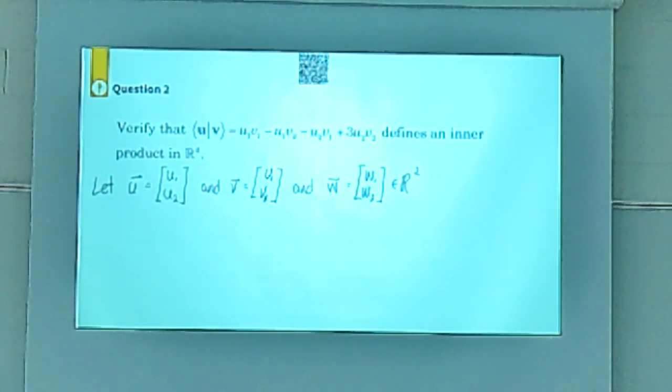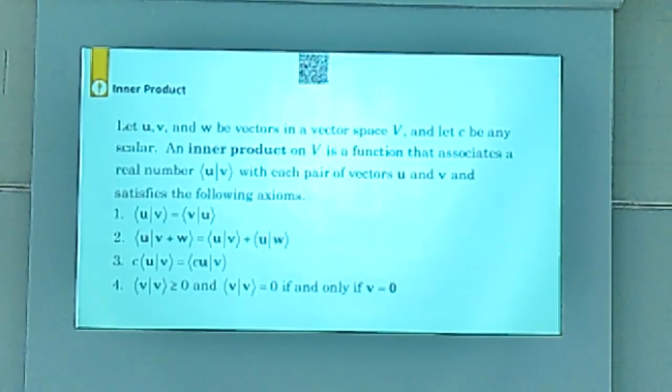Let u, v, and w be three arbitrary vectors in R2. And let C be a real number. Remember, in order for this to be an inner product, it must satisfy those four axioms.